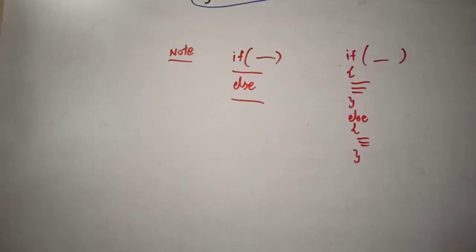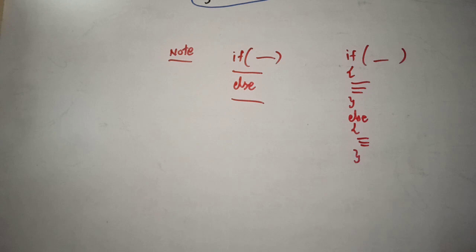A simple concept between if and else: if you have one statement, no problem. If you have more statements, put them within brackets. That is very important in C language. But most people use brackets even if they have only one statement.